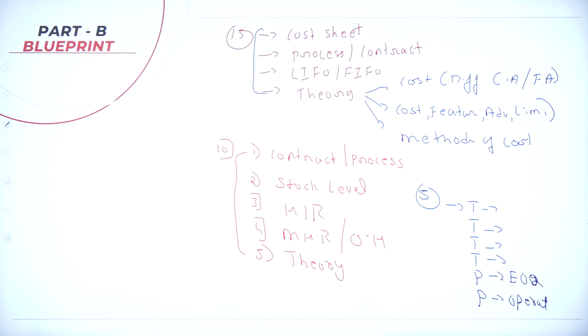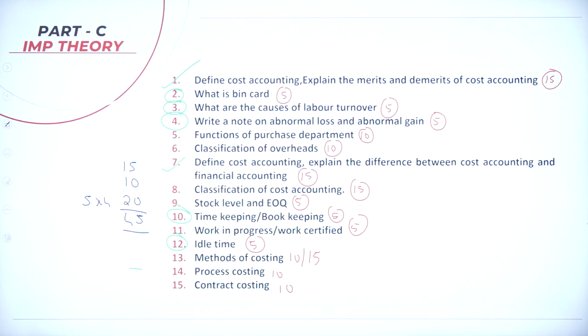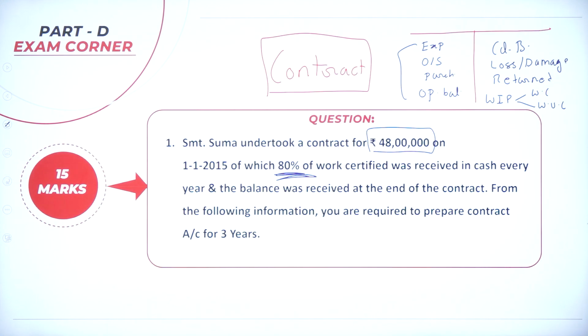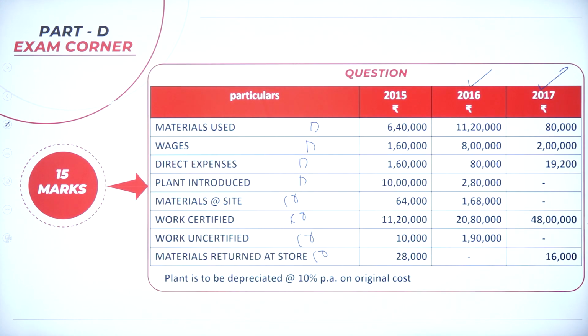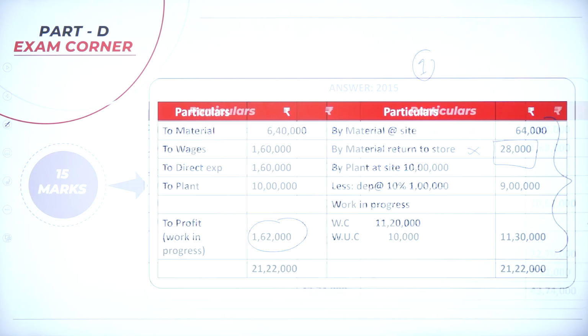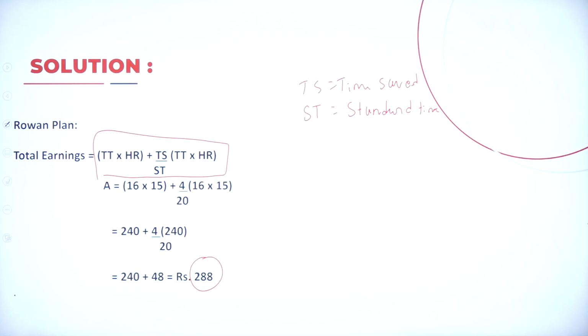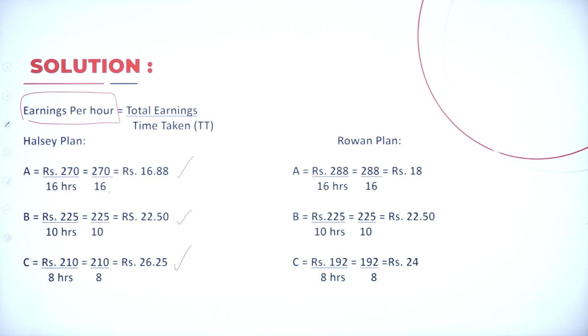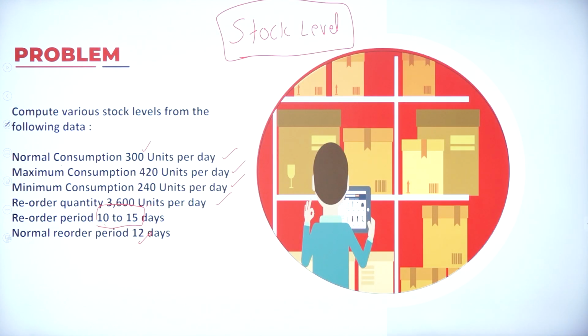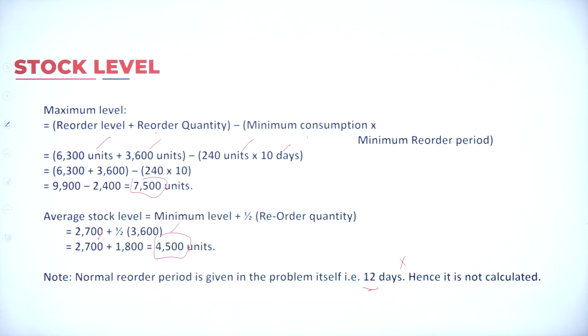This is a blueprint. This is the question paper pattern. And these are the theory topics. Please work out these theories, very important. And this is your contract costing question. This is a question. Solution part. Your labor, answer. Stock level, answer.